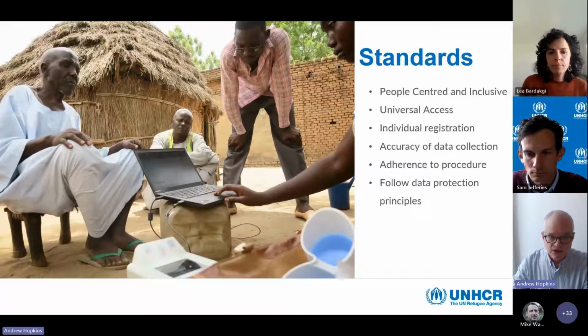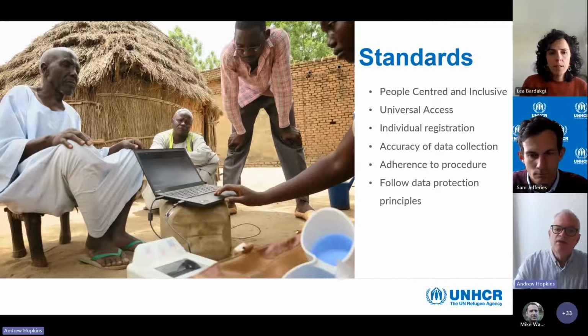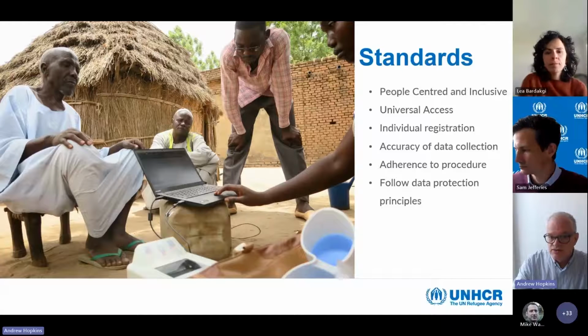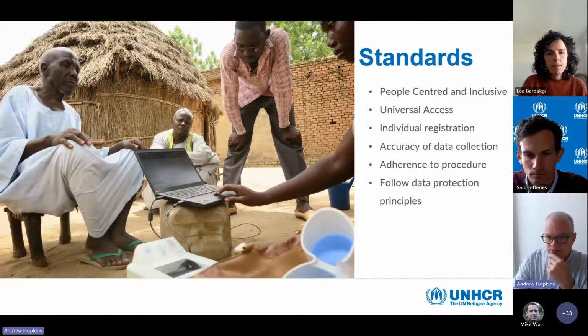We follow, when registering, a set of standards, making sure that our work is people-centered and inclusive, that we provide universal access, and this is really interesting in the digital domain, especially these last years, that we register all persons individually, that we make sure that the collection of our data is accurate, that we adhere to known and predictable procedures, and that, of course, we follow data protection principles when collecting information on these vulnerable populations.